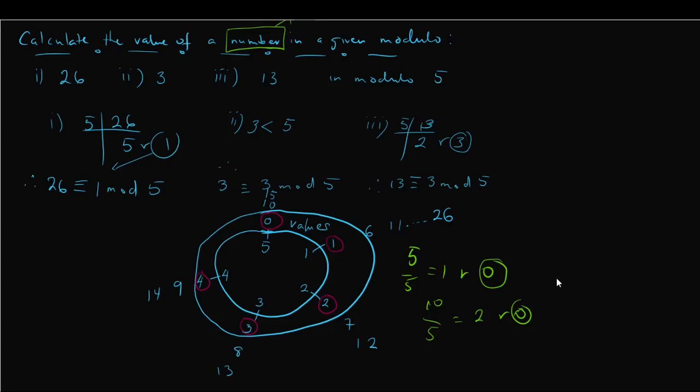If you add the number 5 to 2, you get 7. 3 plus 5 is 8, 4 plus 5 is 9, etc. So all the numbers on the same line as 5 have the value in modulus 5 as 0. So all the numbers also here on the same line as 1, 6, 11, 26, etc. also all have the same value of 1 in modulus 5. So that is how to use the modular ring that we have just drawn to find the value of the numbers in a modulo set of numbers.